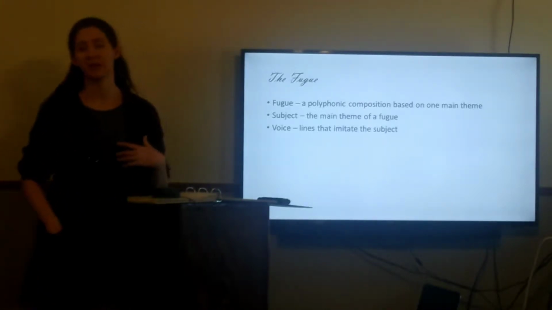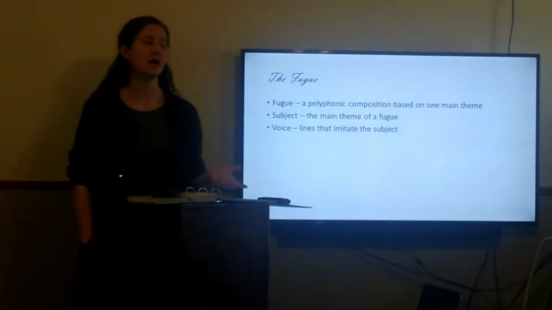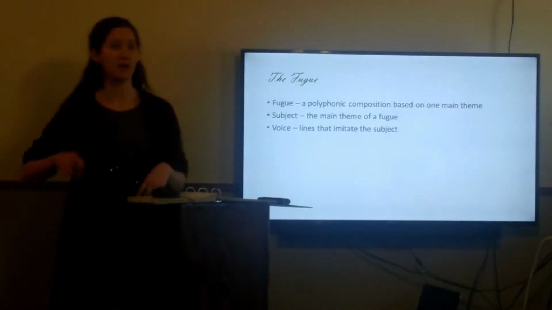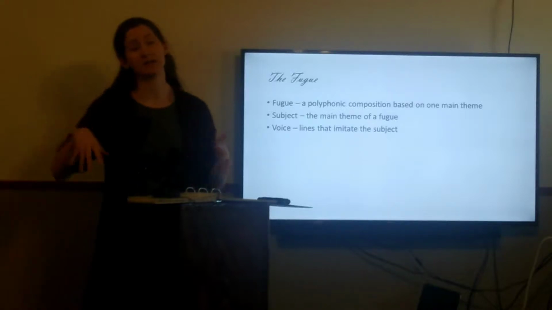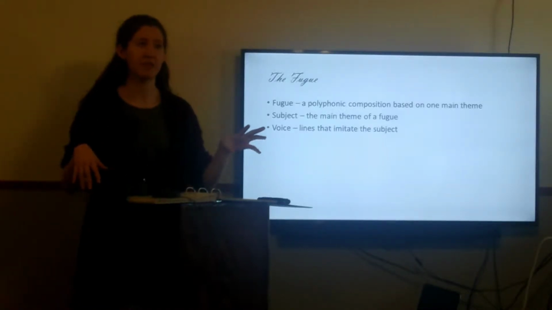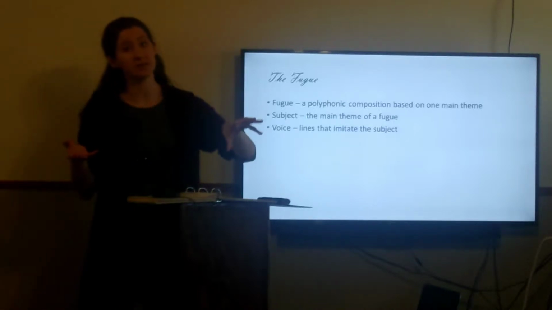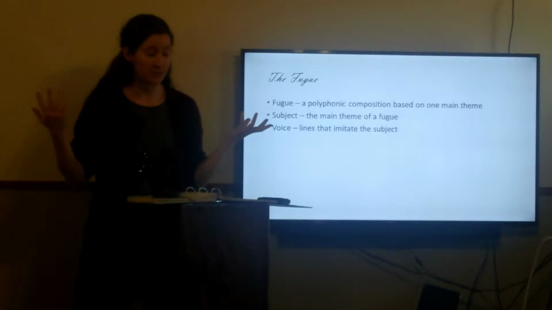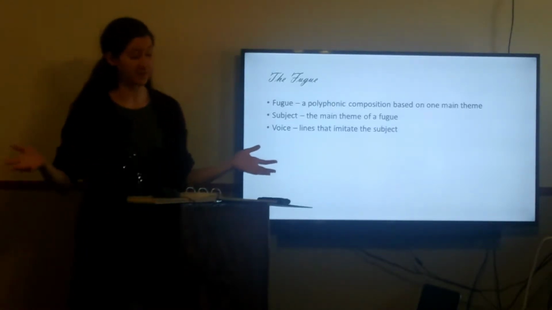So if I'm playing a fugue on the organ, maybe the subject would be in my right hand, and then maybe I'd have another voice that I play in my right hand, and then I'd have another voice that I play in my left hand, and maybe if we're feeling really adventuresome, we're going to put 2 voices in the left hand, so I have 2 voices in my right hand and 2 voices in my left hand. And then because it's the organ, there's a pedal board, and I get to have a voice for the feet.